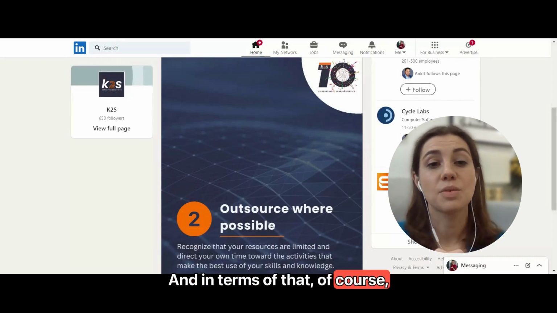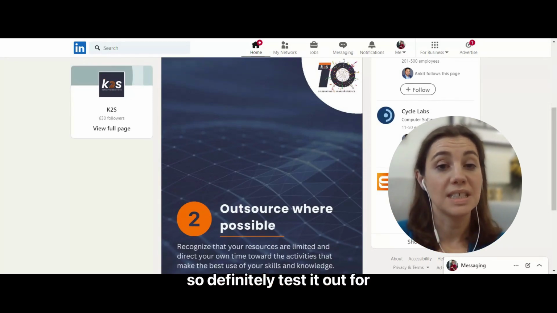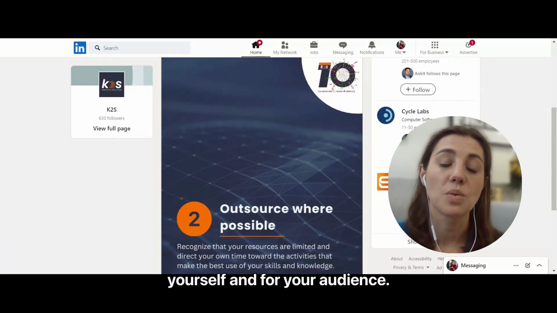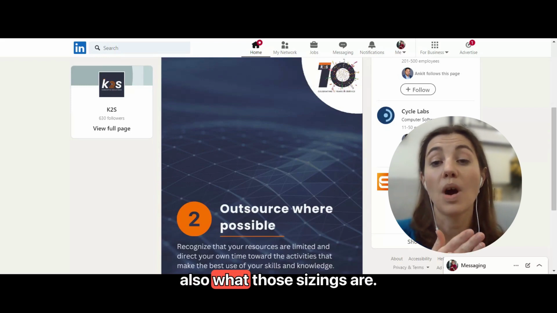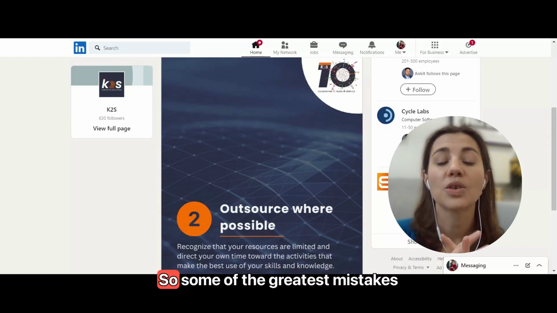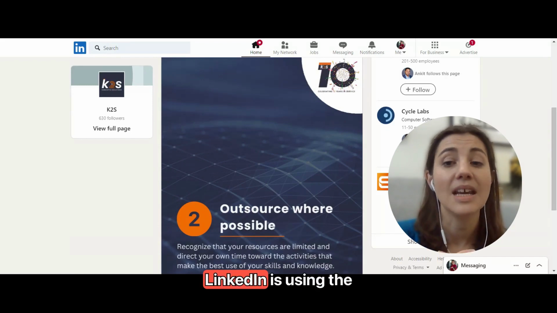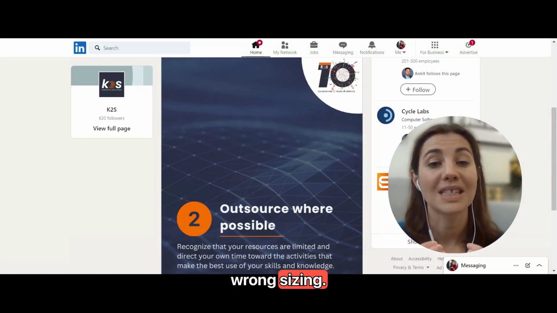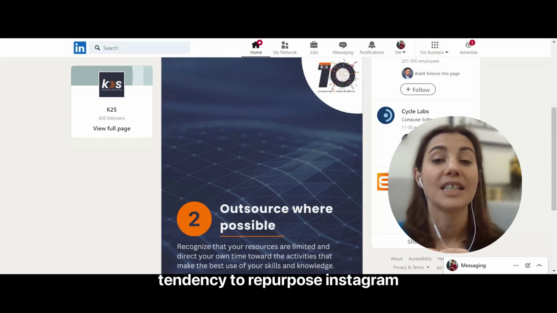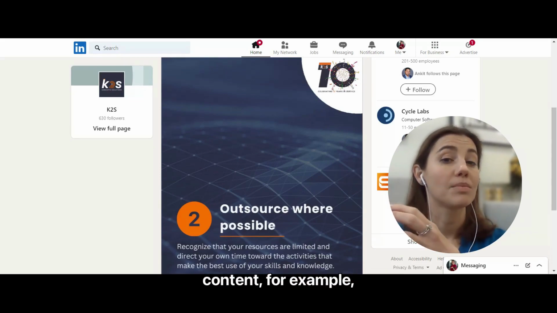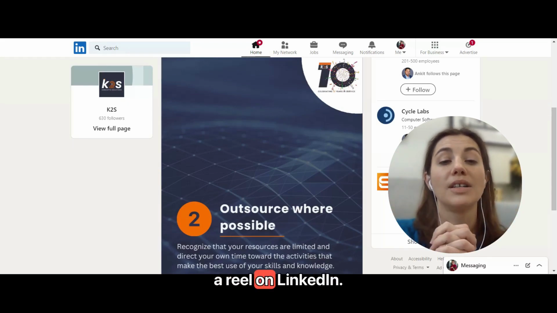And in terms of that, of course, testing is always really, really important. So definitely test it out for yourself and for your audience. But make sure that you also research what those sizings are. Some of the greatest mistakes that I currently see on LinkedIn is using the wrong sizing. Sometimes there could be a tendency to repurpose Instagram content, for example, using the sizing of a reel on LinkedIn.